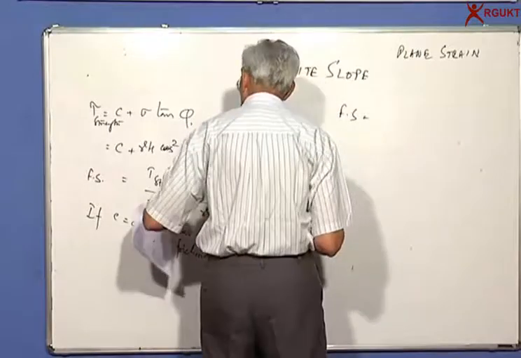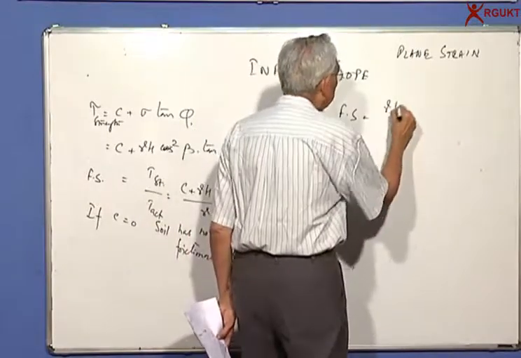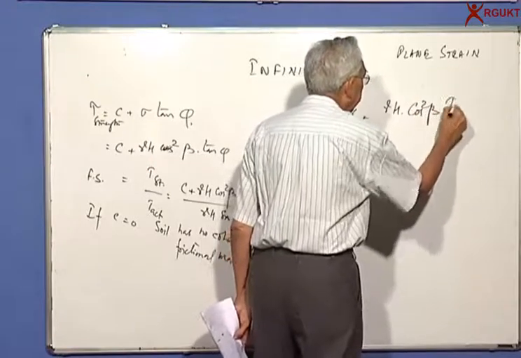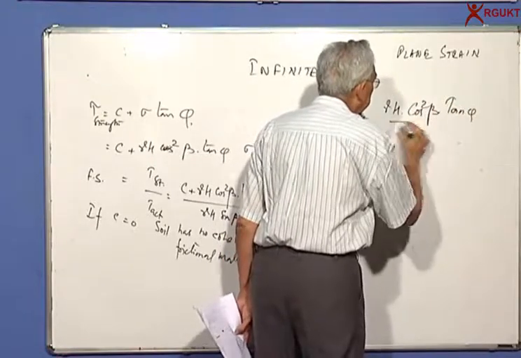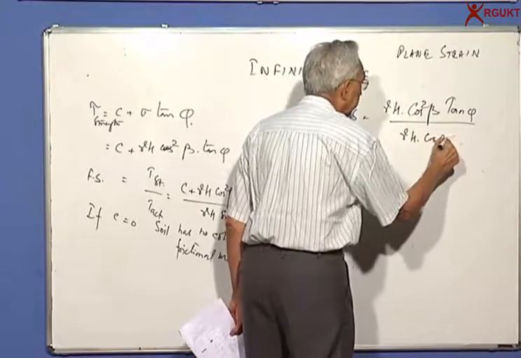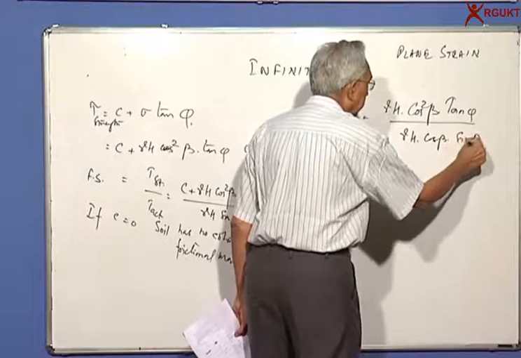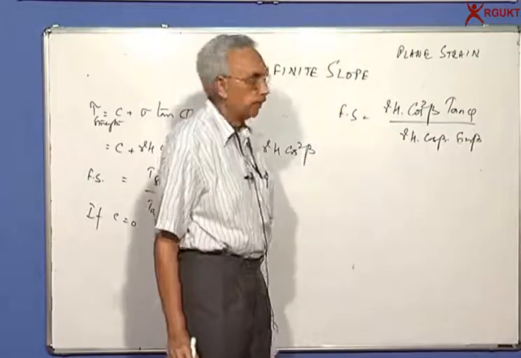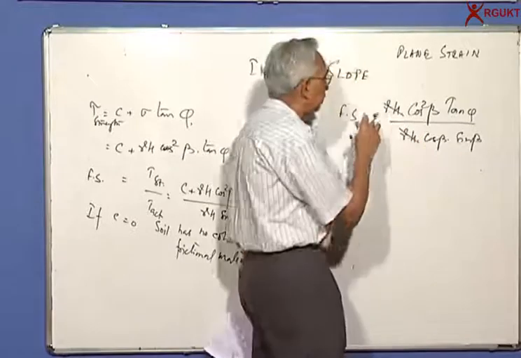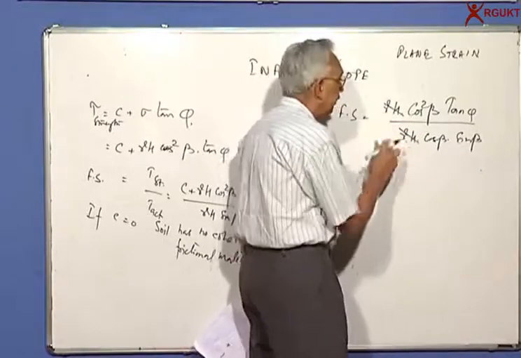If C is 0, I can write it as gamma H cos square beta into tan phi divided by gamma H cos beta into sine beta. A very simple expression. You can simplify further: gamma H is in the numerator and the denominator, you cancel it.